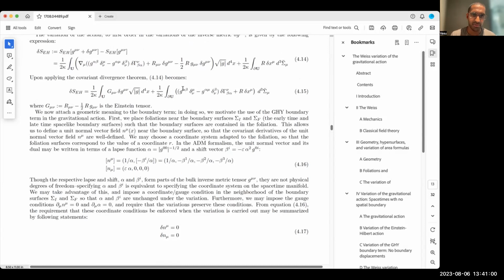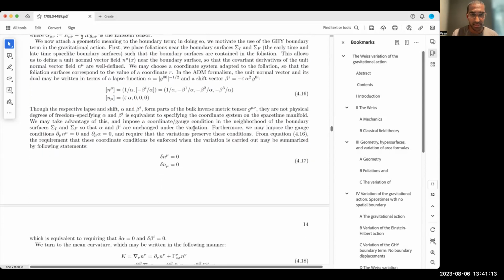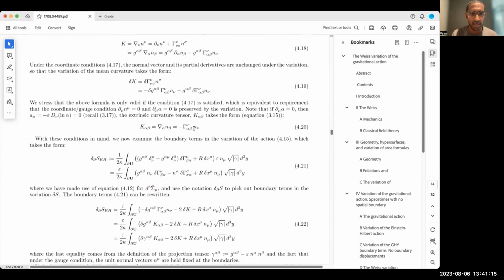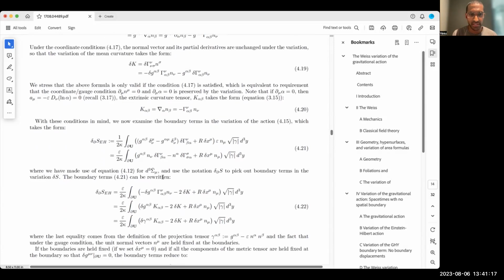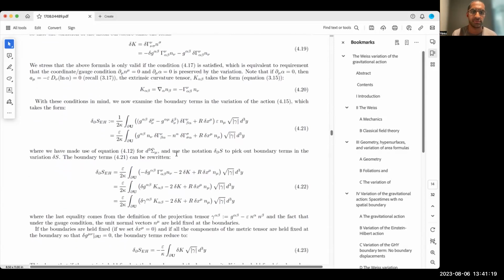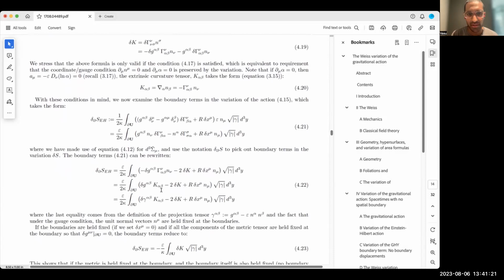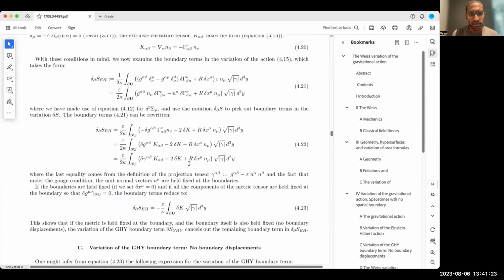Having this on the boundary, and wanting to vary the metric and not the derivative of the metric, is what necessitates the addition of the boundary term to begin with. But anyway, they say let's carry on and rewrite that term in terms of the extrinsic curvature. And in so doing, you get the following final answer.